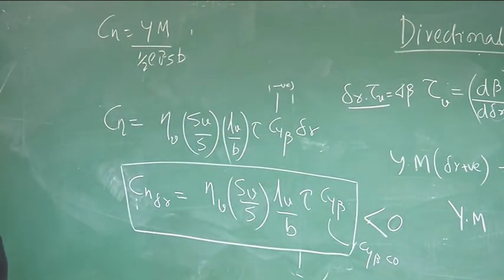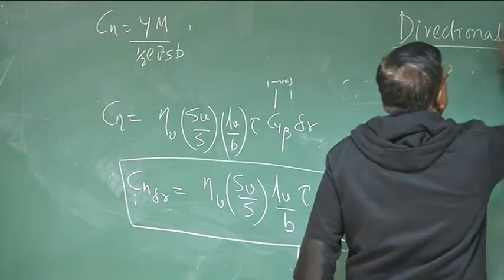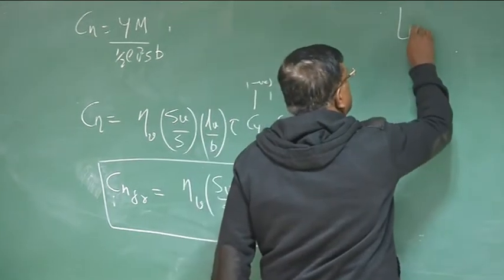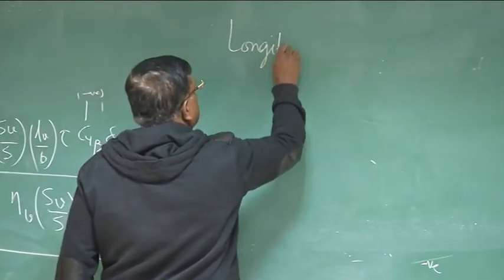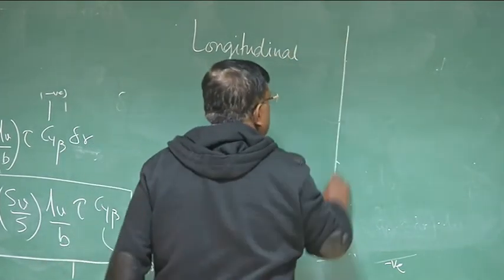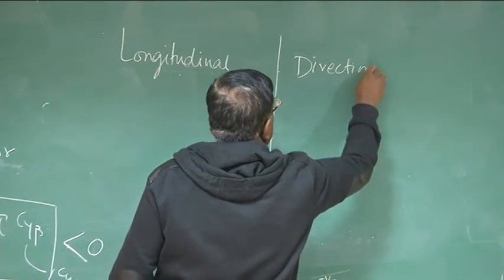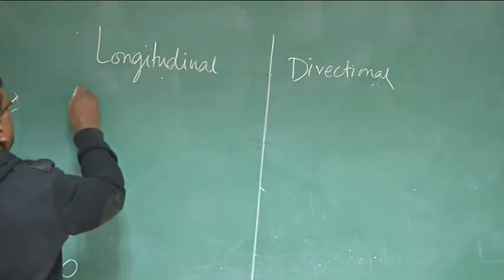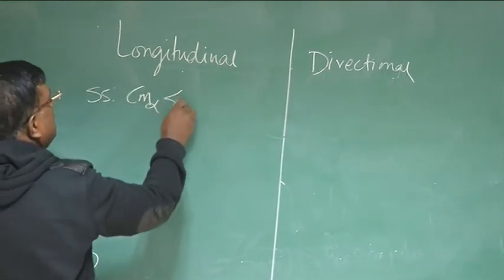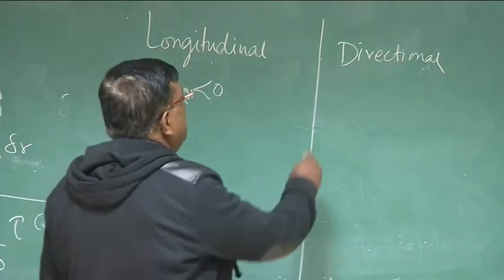Now recall, let us go back to the longitudinal case and the directional case. Let us make one comparison. See, for static stability, what was the condition? Cm alpha should be less than 0. So what is the condition for static stability for directional?